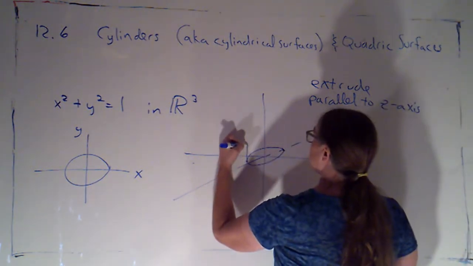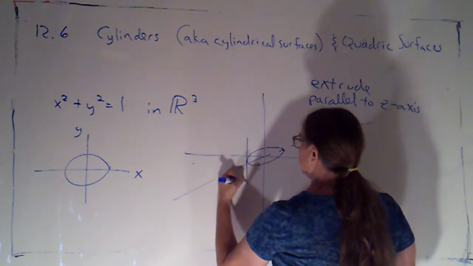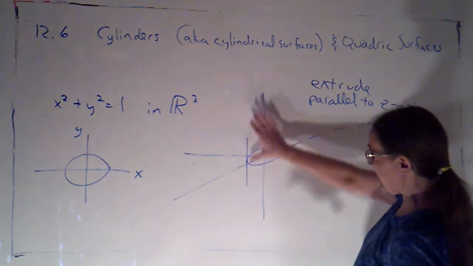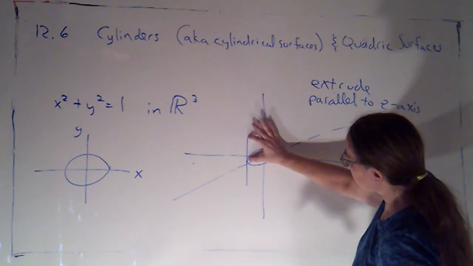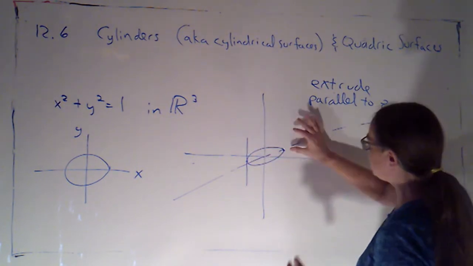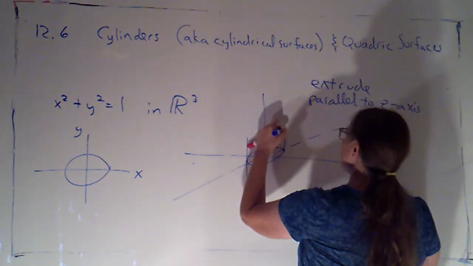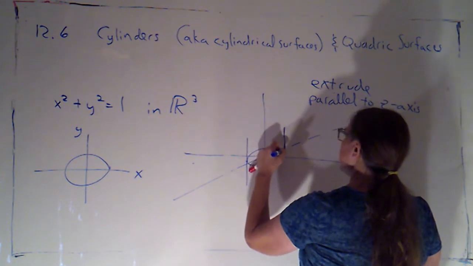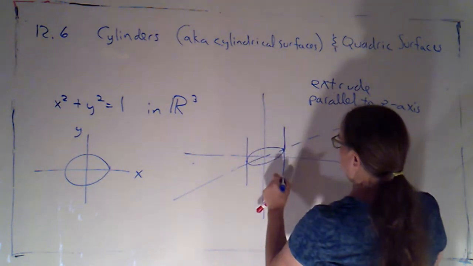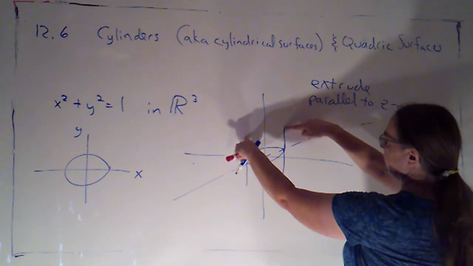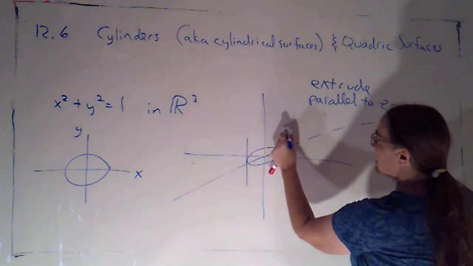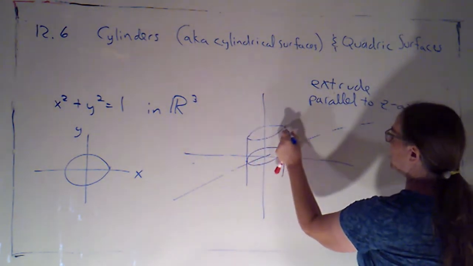So I'm going to translate parallel to the z-axis, and I've sort of picked a distance, and I came that distance up and down. I'm going to do the same thing over here. Go that distance up, extrude that distance down, and now I can connect these points with a copy of that cross-sectional curve.